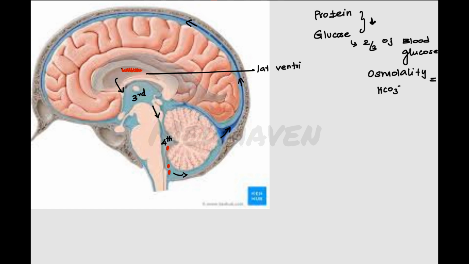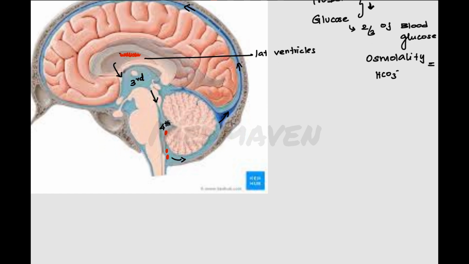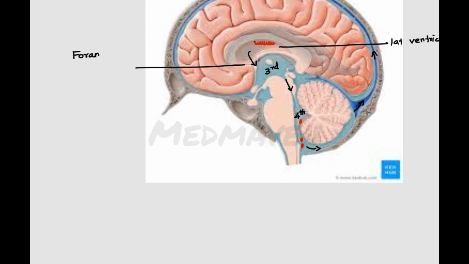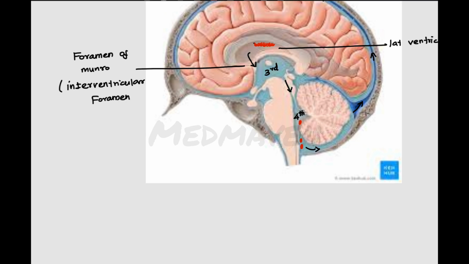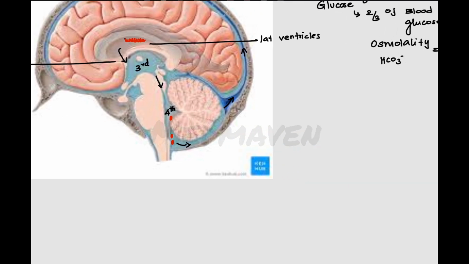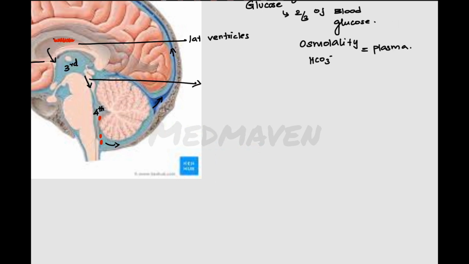This is the lateral ventricle. Here, from the choroid plexus of the lateral ventricle, CSF goes through the foramen of Monro, which is also known as the interventricular foramen. From the lateral ventricle through the foramen of Monro, CSF enters the third ventricle.